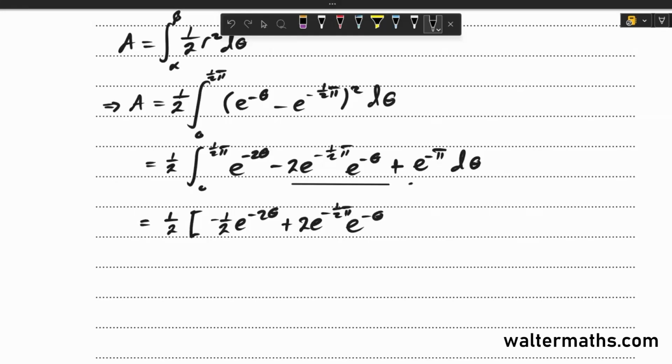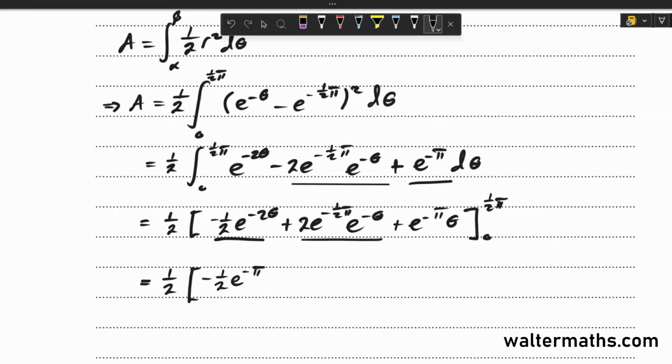Then integrating this, we get plus e to the minus pi of theta, and the limits are 0 to a half pi. So we have half, and now substituting a half pi into this, here we will have minus a half of e to the minus pi.